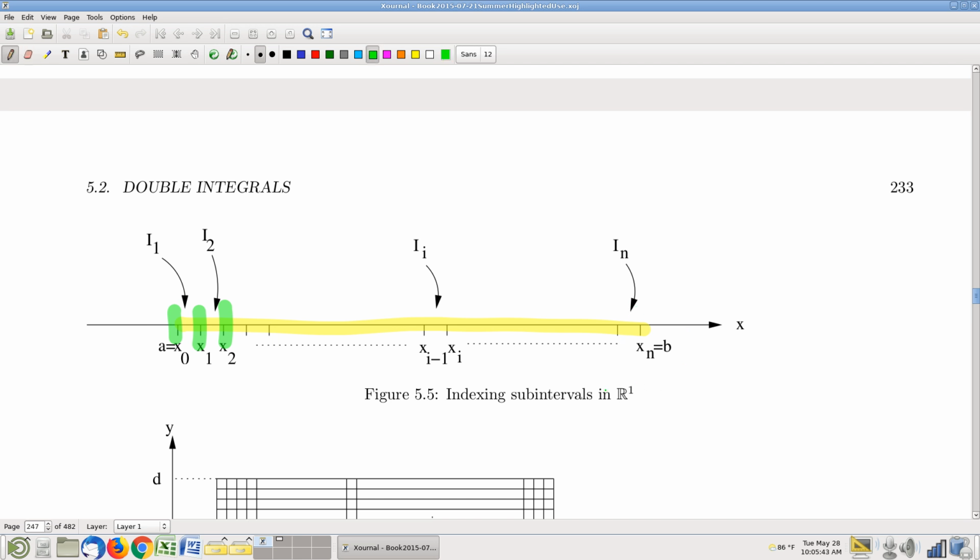Notice that in the ith subinterval, the right endpoint is x sub i. The width of one of these subintervals, as long as you're slicing up into n equally sized pieces, is b minus a over n.